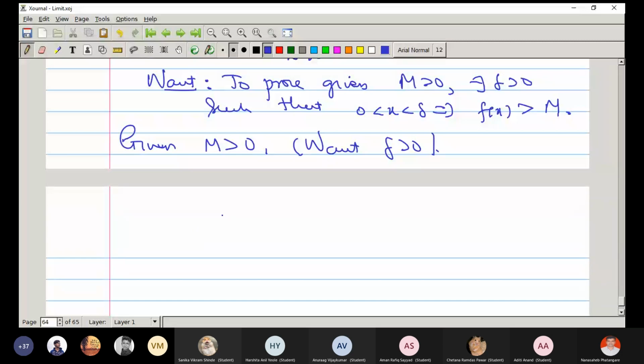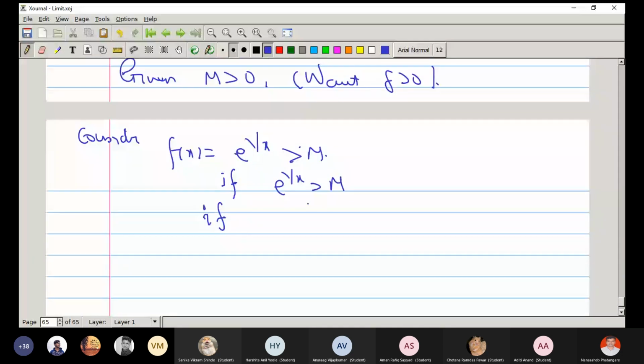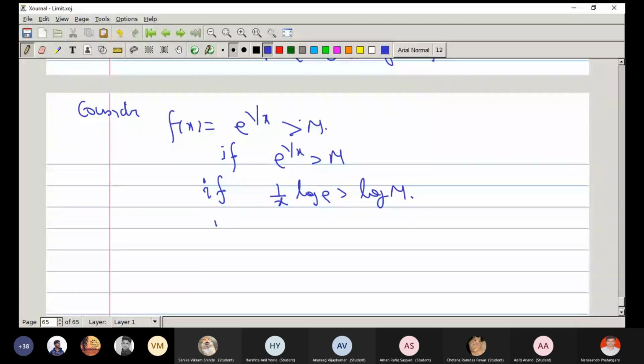So we want delta, but basically what is f of x? e raised to 1 by x, right? And we want to make this greater than m. If e raised to 1 by x is greater than m, and I take log of both sides, 1 by x into log e is greater than log m, which is equivalent to, how is it possible?